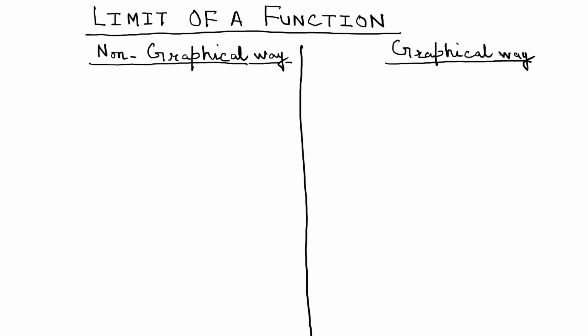You can limit some values, or you can limit the range of a function and then limit the domain, or you can limit the domain of the function and then limit the range of the function. So the point that I'm trying to make here is, in the very first place you need to understand what are all those things that you need to know before you talk about limits.